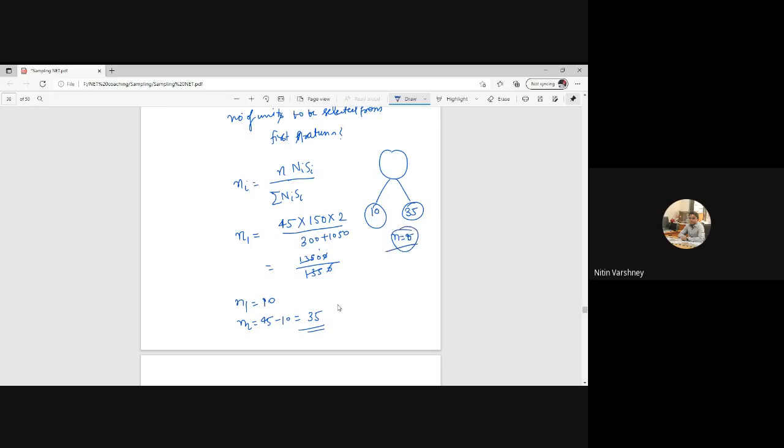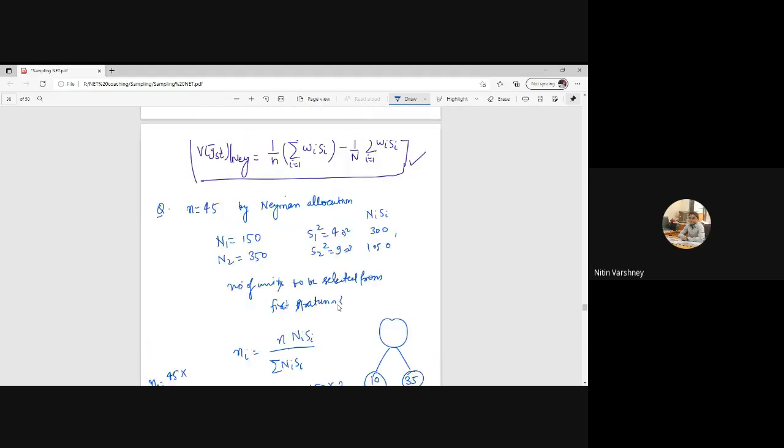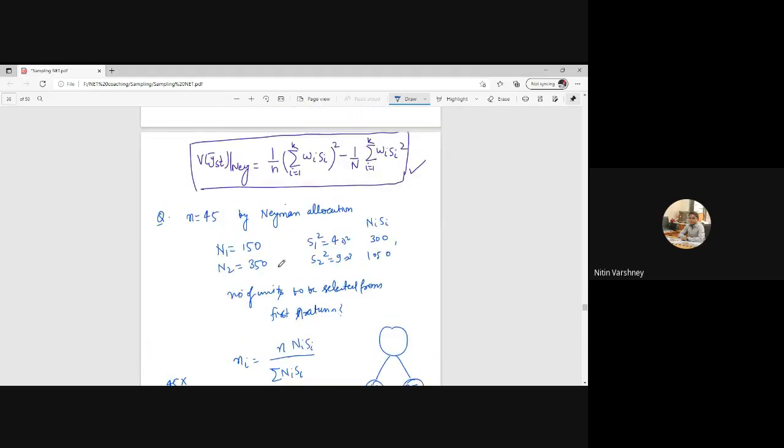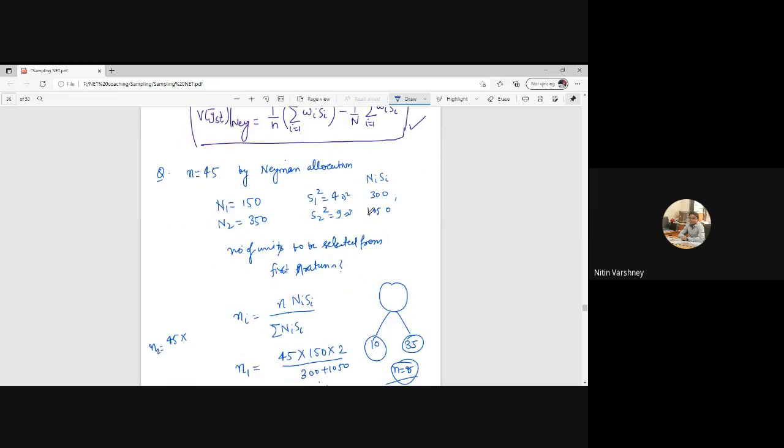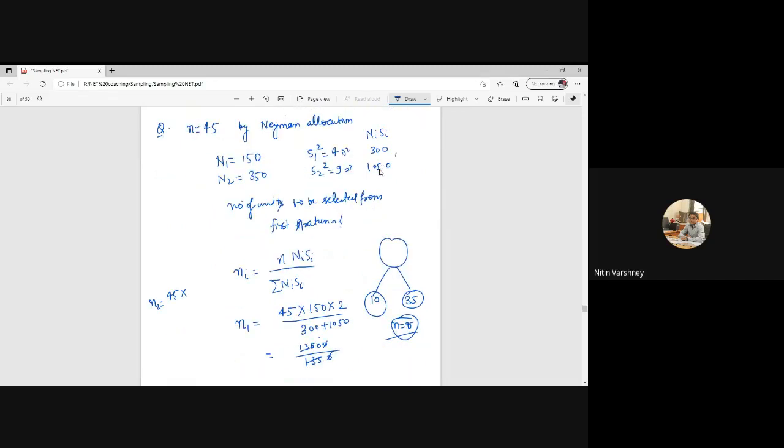You can calculate n2 also. n2 is 45 into N2S2, which is 1050, divided by the total 1350. From here we can calculate that it will come to 35. Okay, got it?